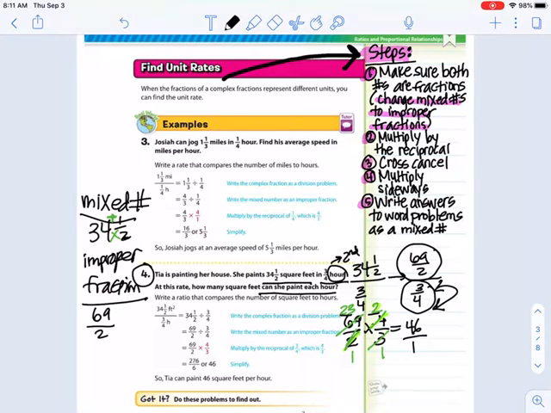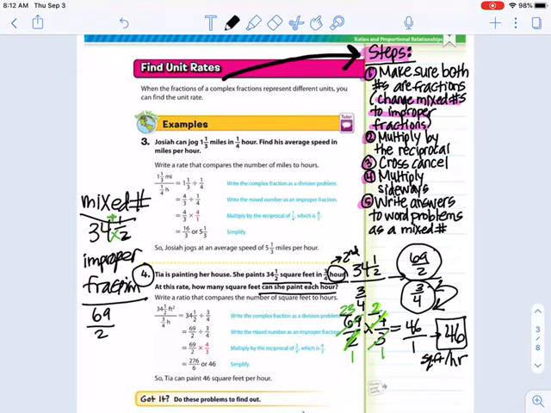Remember that we don't want to have a 1 for our answer. That's not really simplified. So this would be 46. Let's relate that back to this question. We wanted to know how many square feet per hour she could paint. So this would be 46 square feet per hour.